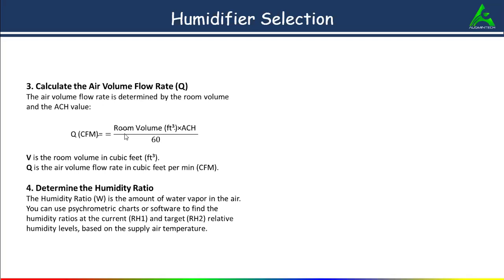You have one table in the X-ray also, for classroom, 7.5 CFM per person. So if there are 50 boys over there, 50 into 7.5 will be the total CFM.